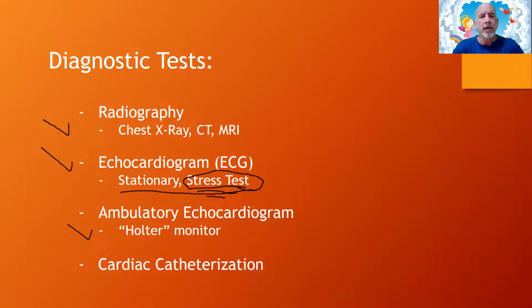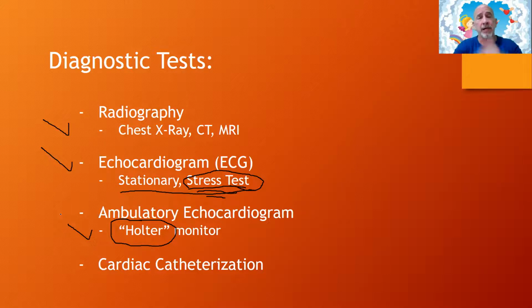Every once in a while, they might want to put an ECG on somebody over a long period of time, in which case they'll take this ECG machine and strap it to your chest, and it's called a Holter monitor. You'll hear that thrown around a lot as well. This is really good for things like intermittent problems. One good example of that is atrial fibrillation.